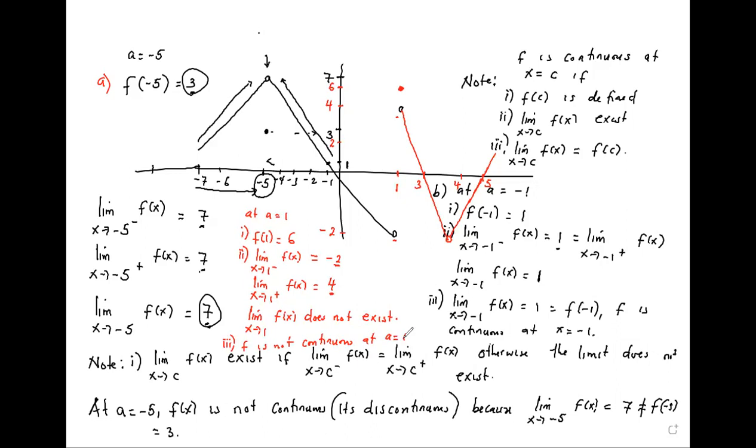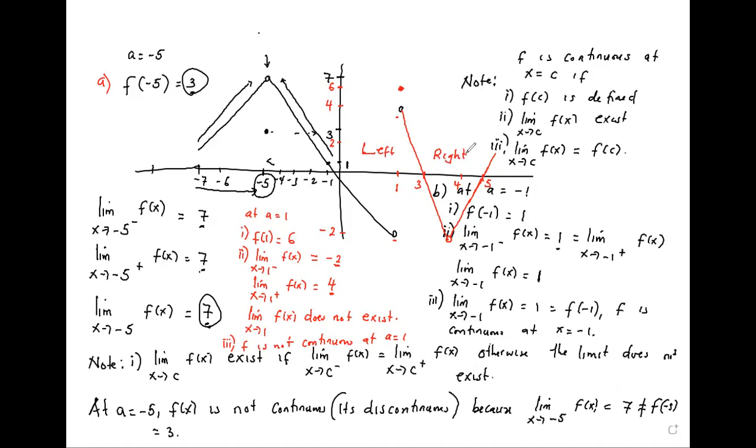Excuse me. How did you get 6? And how are you supposed to know if you're supposed to use the graph in red or in black? So when we say from the left of 1, you understand that this is the left and this is the right of the number 1, is it?